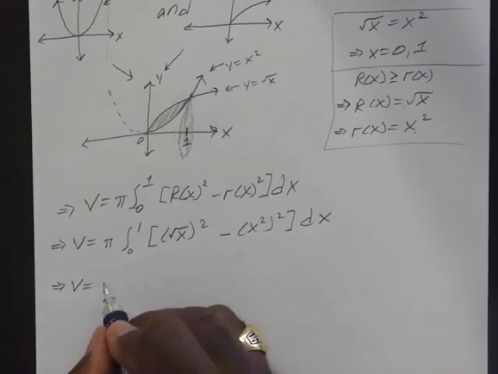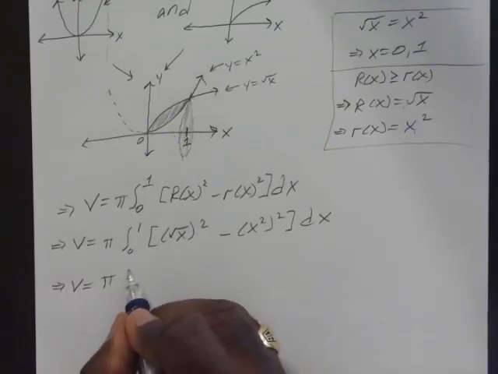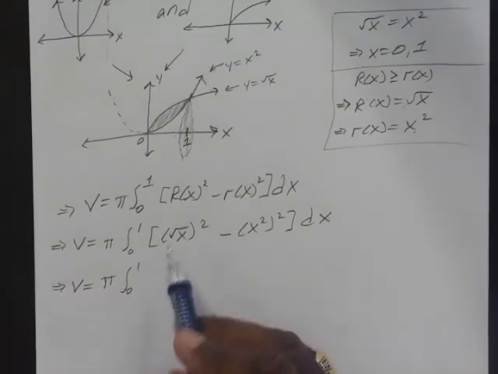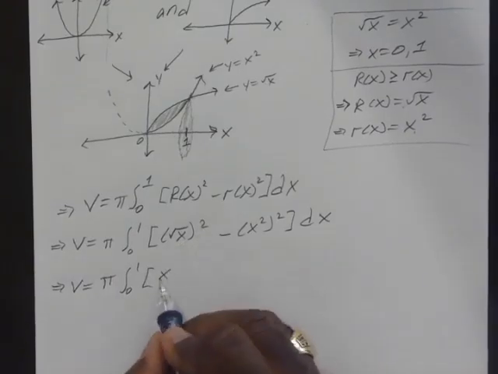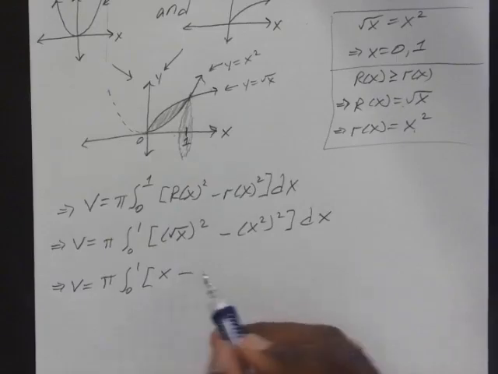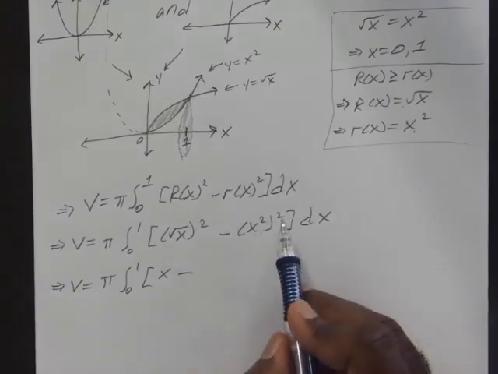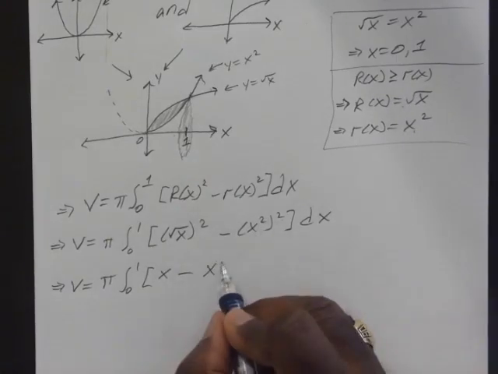Well, we can simplify that a little bit before we integrate. The integral from 0 to 1, square root of x squared is just x, minus x squared squared is just x to the 4th power.